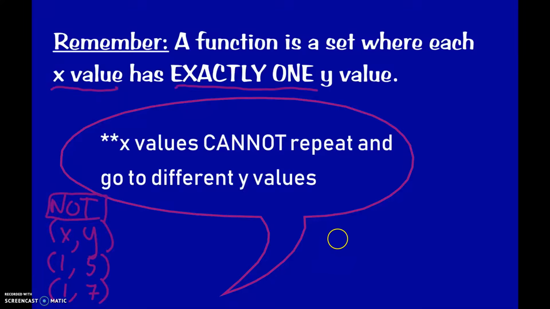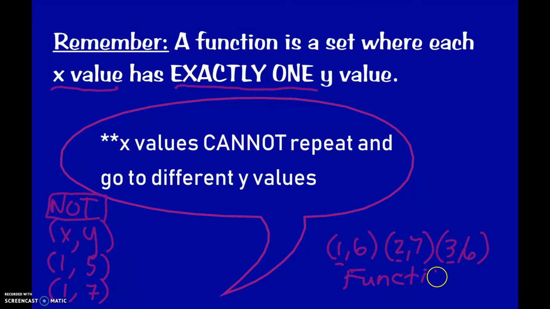Whereas if I had a set of points like (1, 6), (2, 7), (3, 6), notice how none of my x values repeat. So automatically, if none of them repeat, this one is a function. Keep this in mind as we talk about the vertical line test.